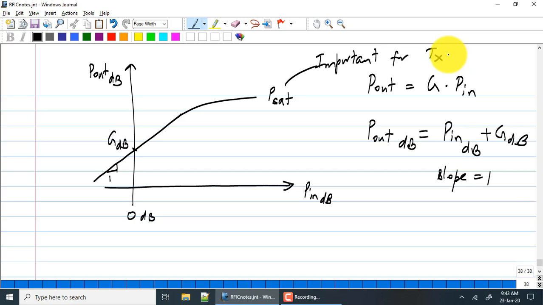Now, what is more common to use for both PAs and LNAs is this. Imagine I take my original straight line and extrapolate it out. This is of course fictitious, right? And I find out at what input power and output power the actual curve falls exactly 1 dB below the linear extrapolation.